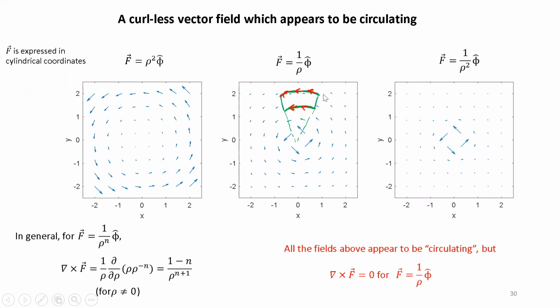But I know that the F dot dr for this line is 0, because F is perpendicular to this line. Along this line also 0.